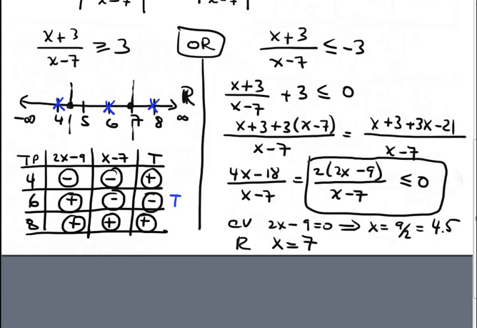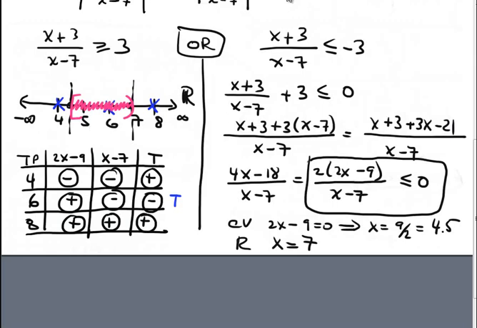So this is the interval: it includes this, but not this. Okay, very well. So the interval is interval 3.